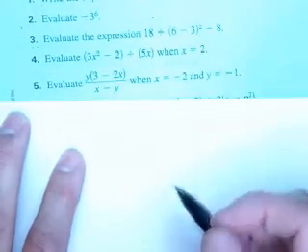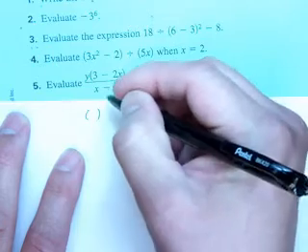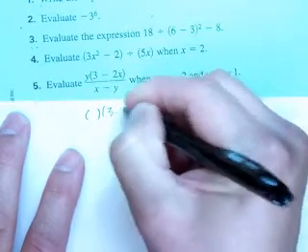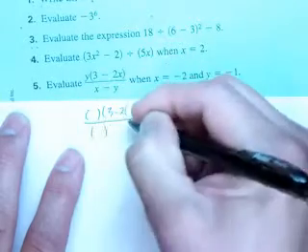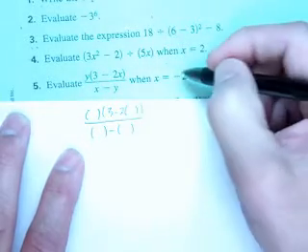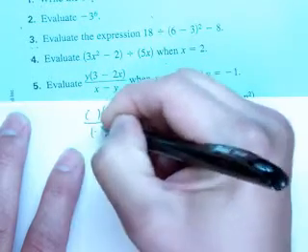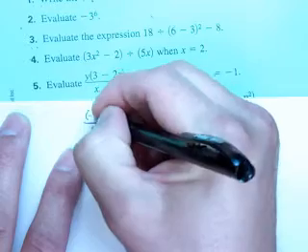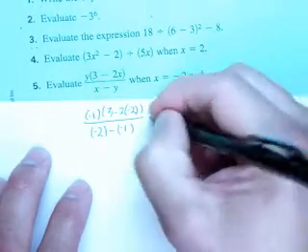Also, they ask you to evaluate. So every pair of parentheses replaces a variable. So we've got y, parentheses 3 minus 2 times x, all over x minus y. If x is negative 2, then a negative 2 goes here and here. If y is negative 1, that goes here and here. Making good use of parentheses, you'll get the problem correct.